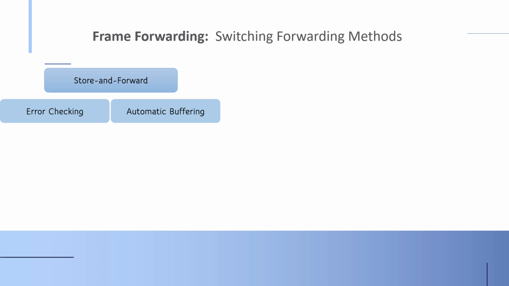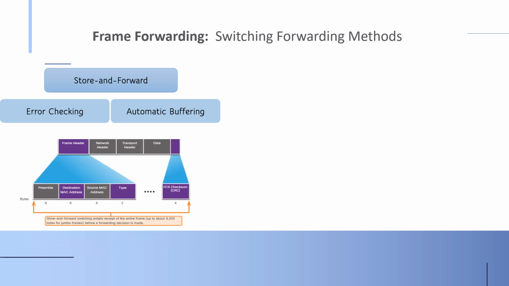With any mismatch in speed between the ingress and egress port, the switch stores the entire frame in a buffer, computes the frame check sequence check, forwards it to the egress port buffer and then sends it.